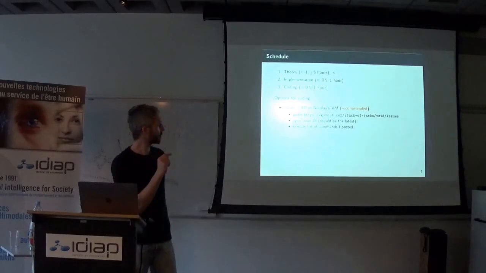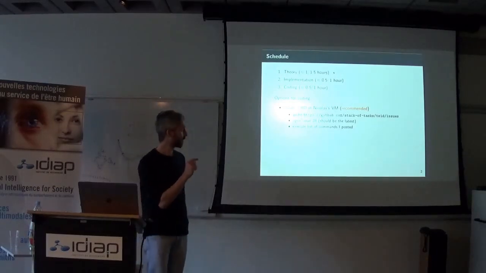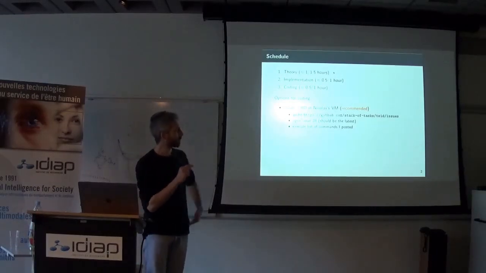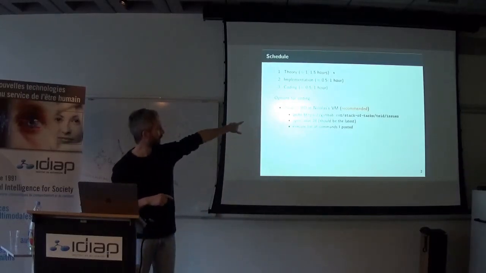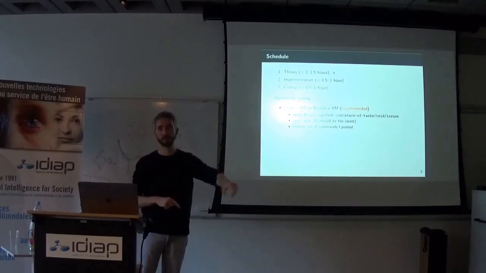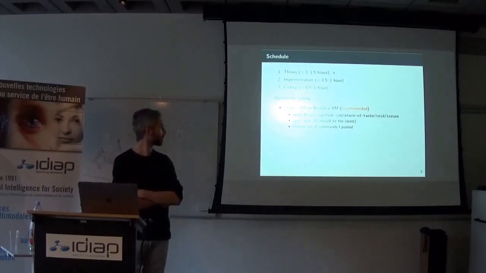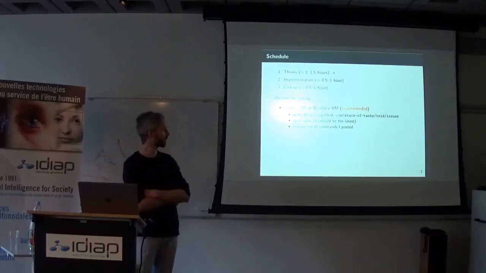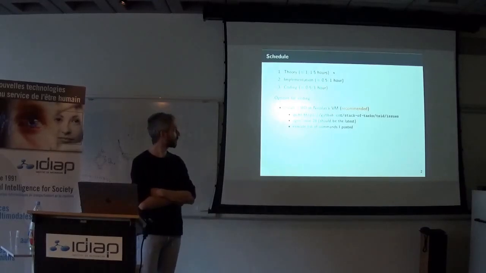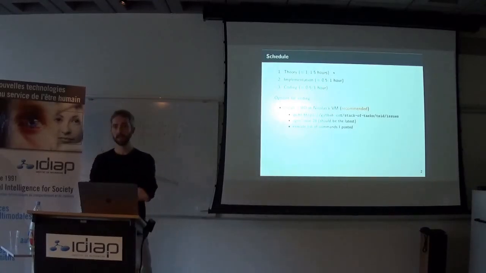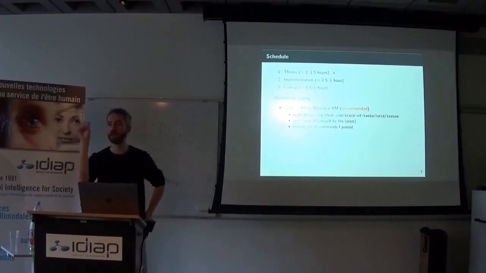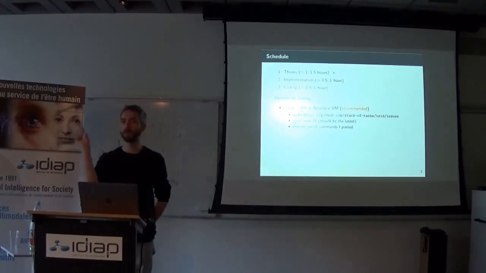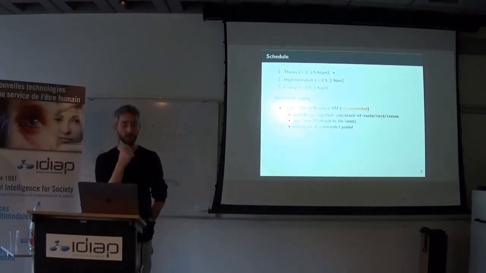So the instructions for installing the library are posted in an issue on the GitHub page of TSID. So that's the address you should type in your browser. Open the latest issue. It's issue number 28. In this issue I posted a list of commands. It's, I don't know, 7, 8 commands that you can just copy paste in your terminal.